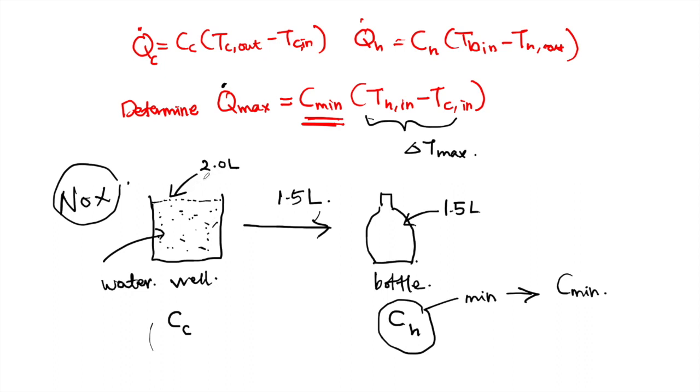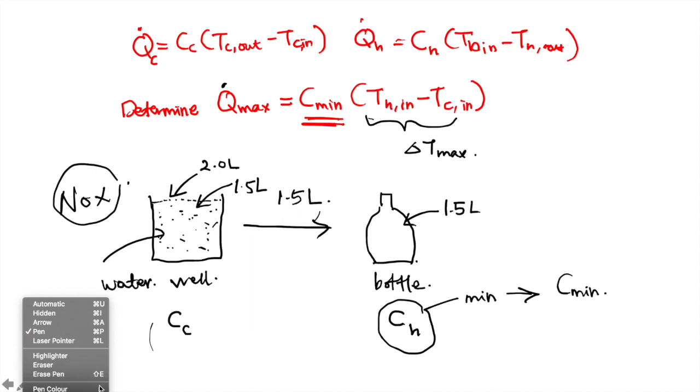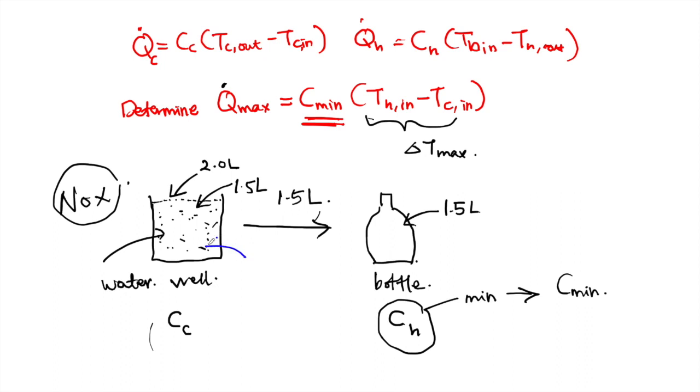So if you go and take 1.5 liter, I change the color. I take blue. So from the well, you take 1.5 liter. Yes, the amount of water that can be filled up is 1.5 liter.